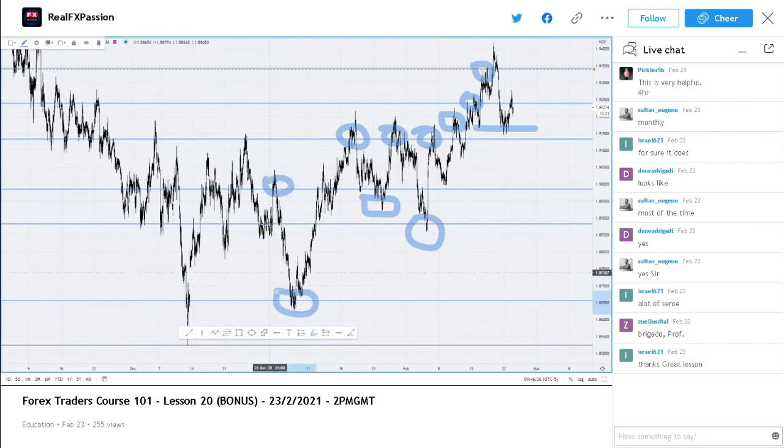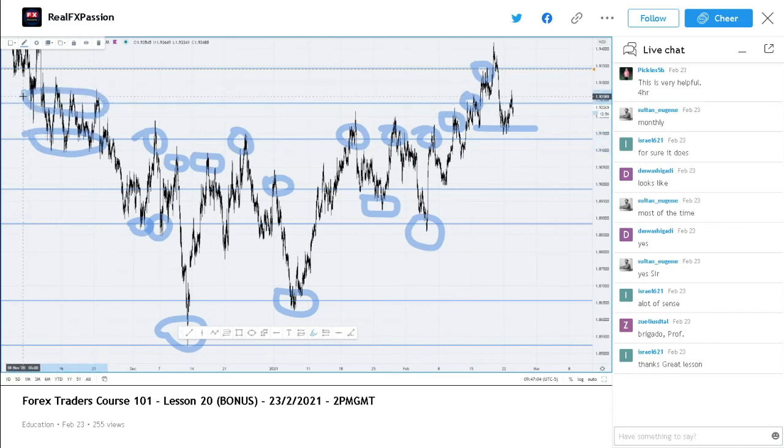Reacted here big time, reacted here 2 times, didn't react here. Reacted here 1 2 3 4, sideways movement, consolidation. Not the perfect example, but it's an area. Reacted here, didn't react here.